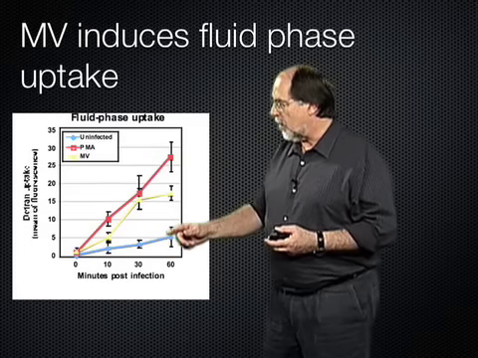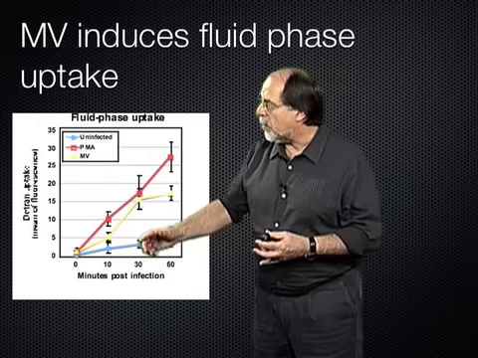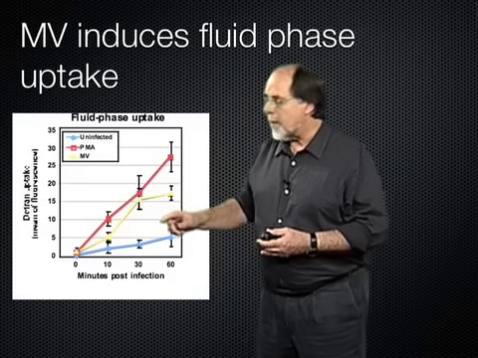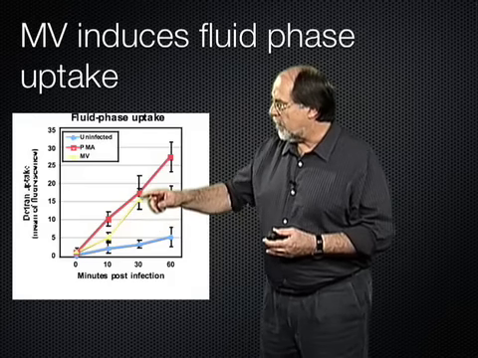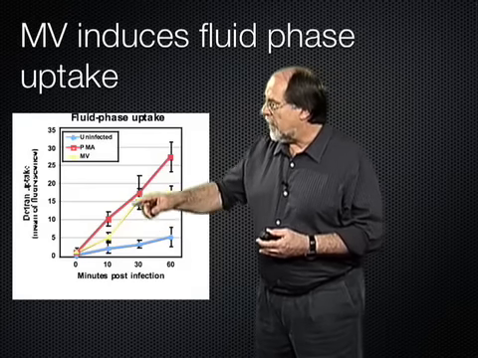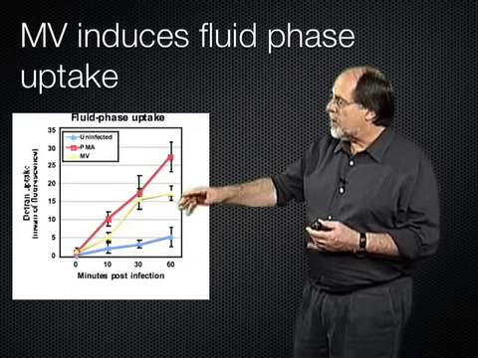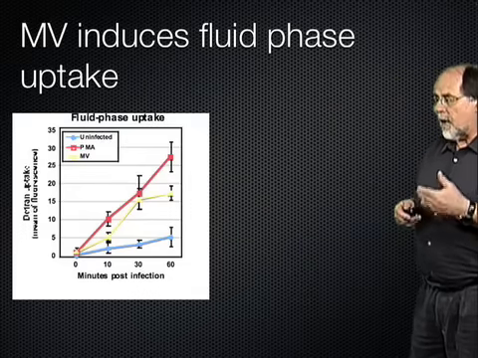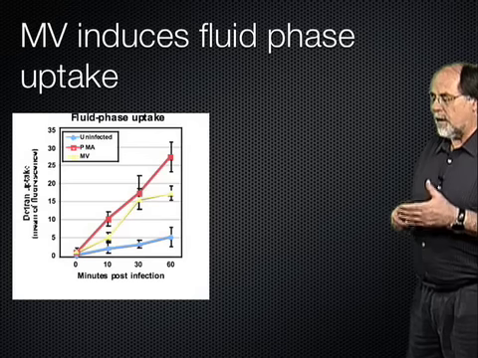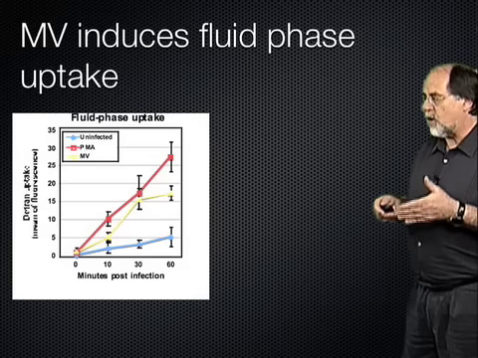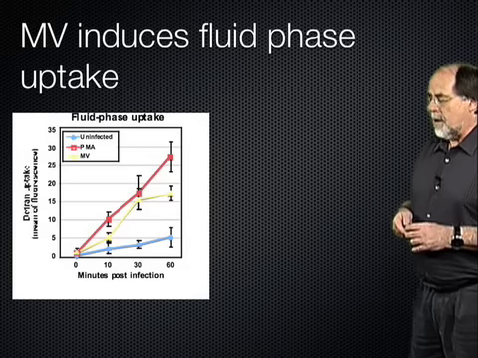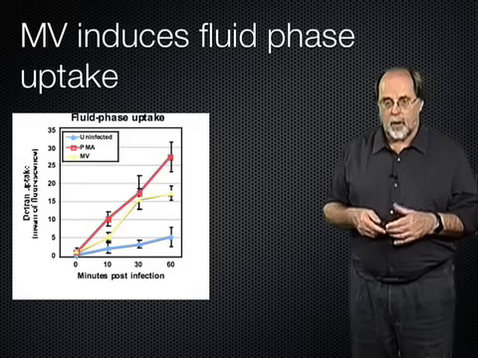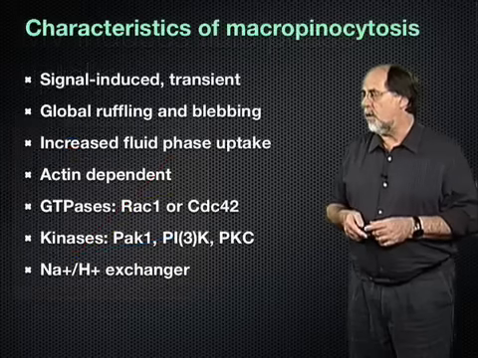Normally these cells are all the time internalizing some liquid, but when you add the virus or a macropinocytosis activator, PMA, you get this huge increase in uptake of fluid. So that argues strongly, or starts to argue, that what we are looking at here is macropinocytosis, an endocytic mechanism that has been described already some time ago and is now more and more coming into focus.